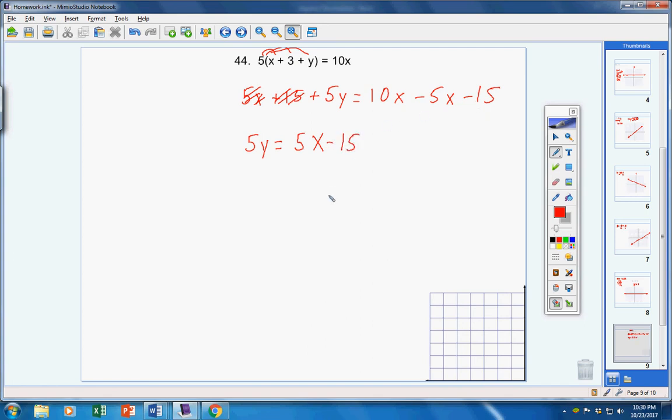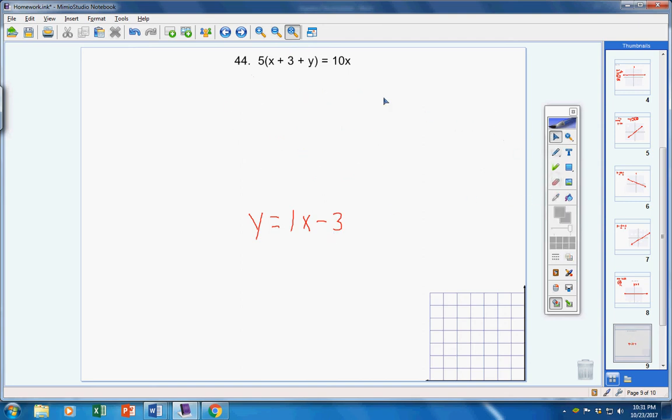Alright? Now, divide everything by 5. And we're left with y equals 5 divided by 5 is 1x plus negative divided by a positive is negative. 15 divided by 5 is 3. Okay? So there, I've got y by itself.